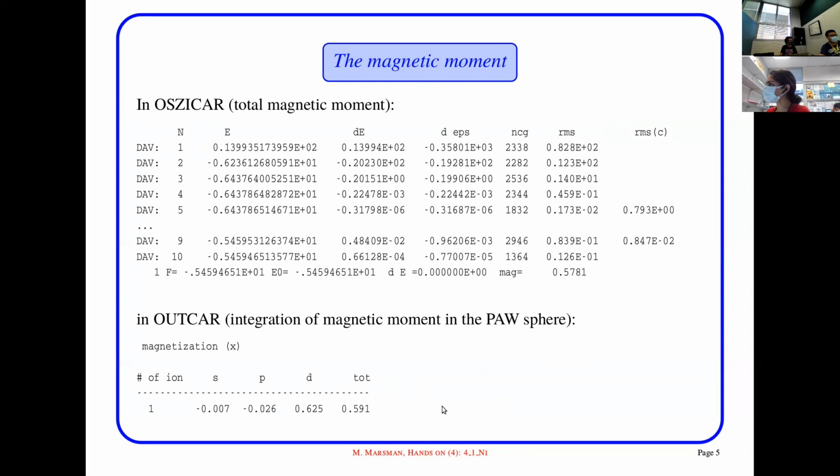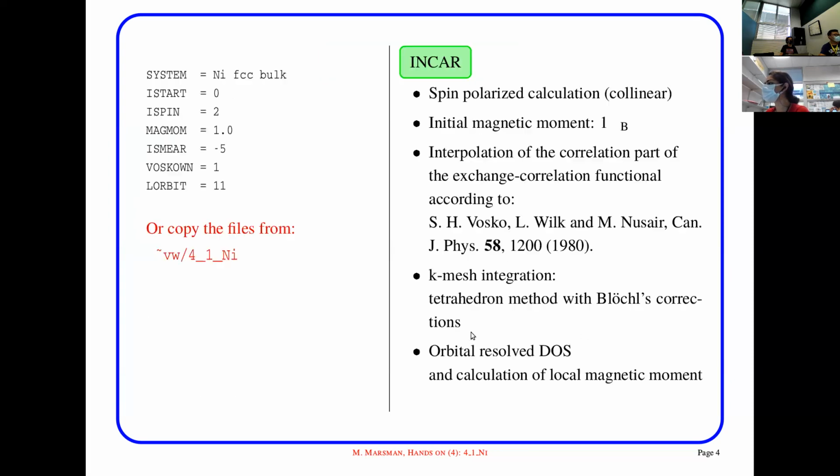So does it get better if we give it a larger value? No, it's not always better if you put a larger value. It's always better to put the initial magnetic moment closer to the experimental magnetic moment for this element. So for nickel the value is 0.56, so you give 1.